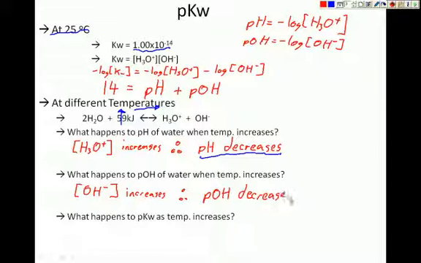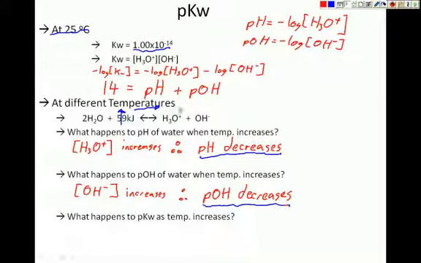So when the temperature increases, the concentration of this is becoming bigger and bigger, and this is becoming bigger and bigger as well, the pH is becoming smaller and smaller, and the pOH becomes smaller and smaller.